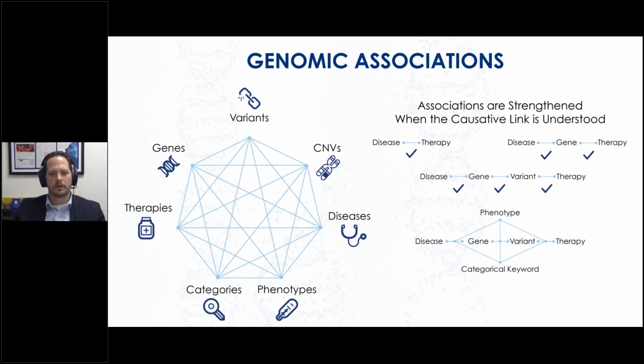We also capture information around how those diseases, genes, and variants associate with therapies or with clinical phenotypes. In addition to, and particularly useful when interpreting this information according to ACMG-AMP guidelines, how they're interacting with information that's relevant to clinical determinations as well as functional information, such as in vitro or in vivo studies.